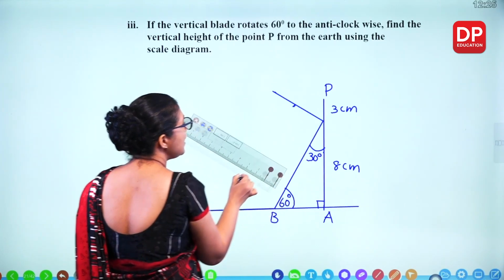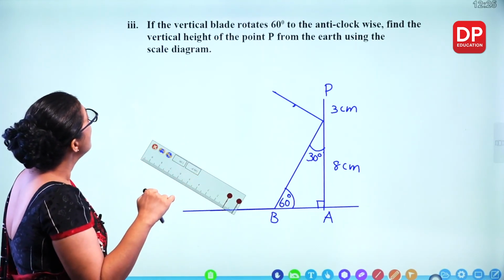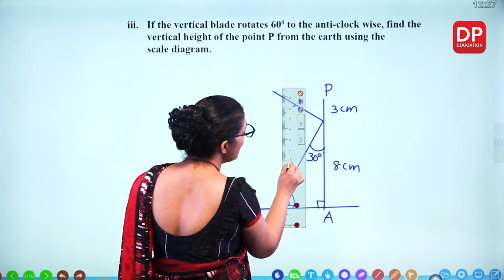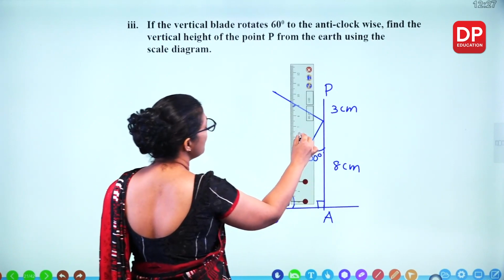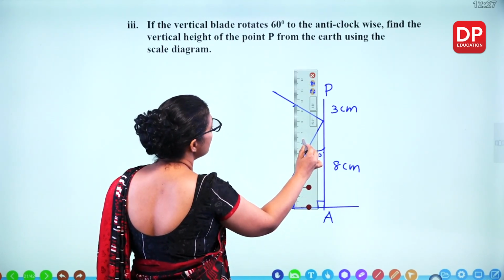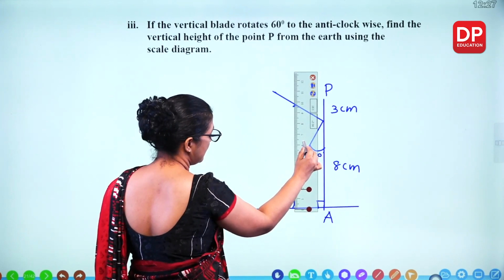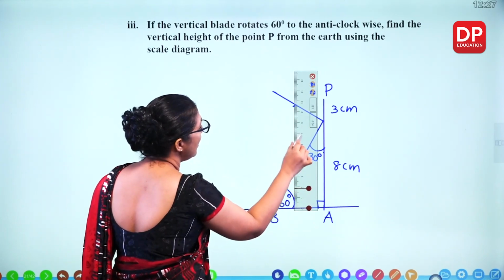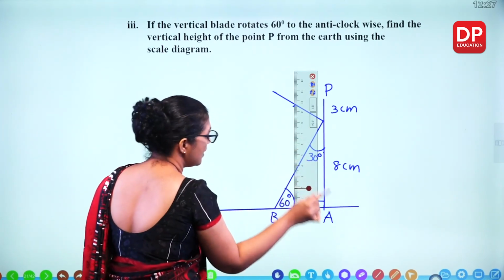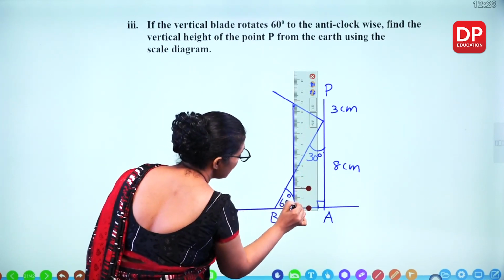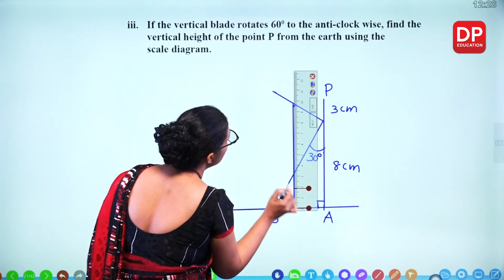But we need the vertical height. Now, we have to draw the perpendicular line because we need the height now. So, I can keep the ruler here and draw the line. So, this is the vertical height that we need.